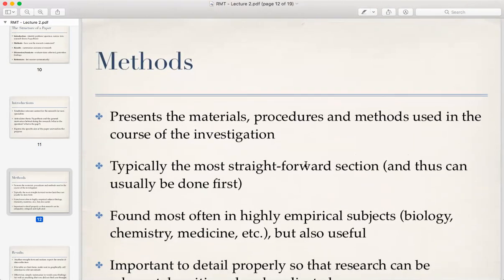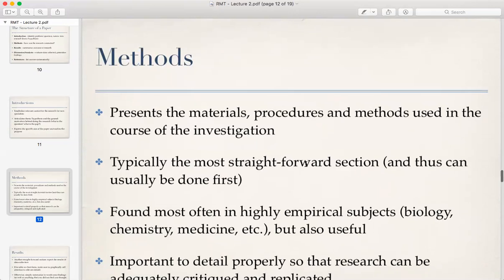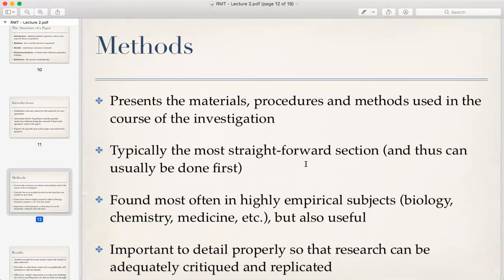So now let's talk about the methods. A lot of what we talked about previously in the other class was making research systematic, right? Making it different from just searching on Google. So this section is where you're presenting your work as to how you made it systematic.